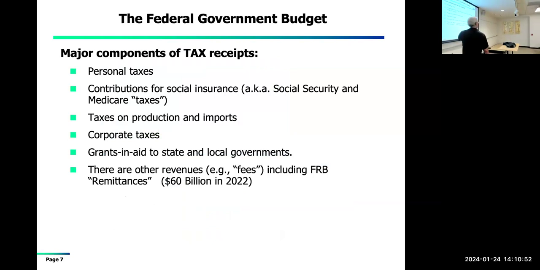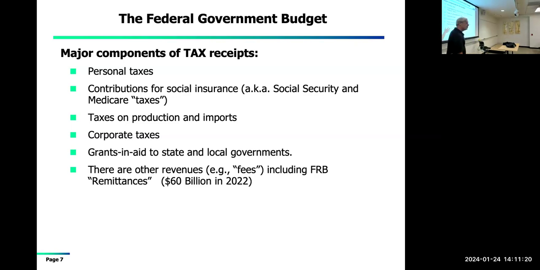Okay. So the budget, believe it or not, from a very high level, is two components. There's what they spend and what they receive. And what they receive are the components of the tax receipts. Personal income taxes, I hate to tell you this, but it's the biggest component. Contributions for social insurance, Social Security, are a huge portion of the budget. Taxes on production and imports, yes, that's a component.